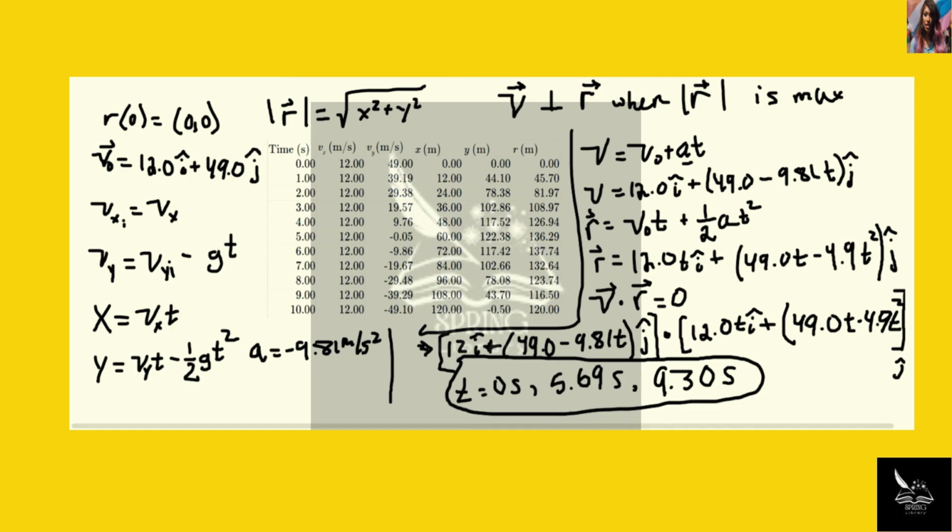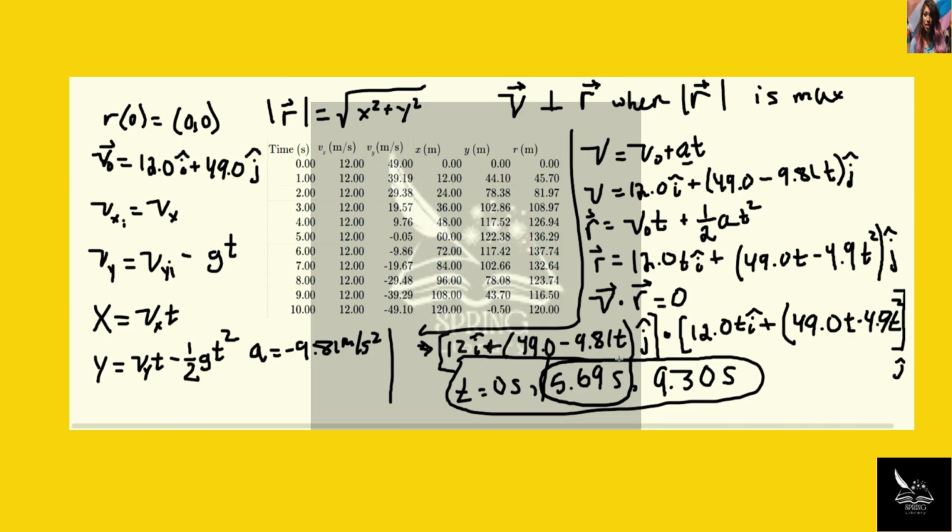Lovely. Now the displacement at 0 seconds and 9.3 seconds are actually the minima. And so the maximum displacement occurs actually just at this middle one here, this 5.69 seconds.